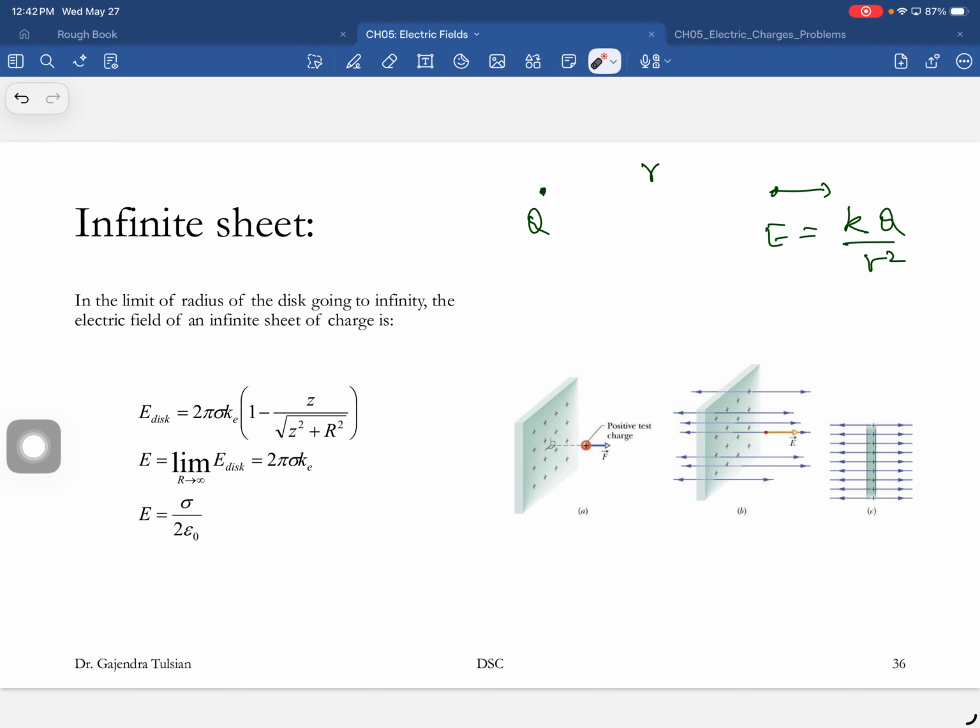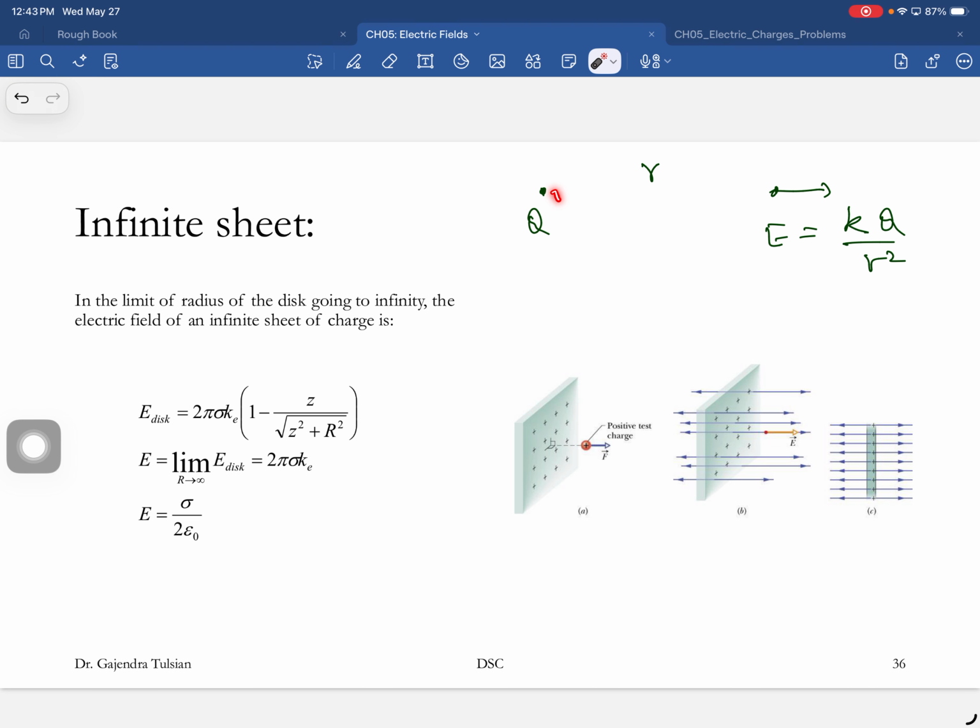Now we'll do the following. Here's a wall. Imagine this is an infinite wall, and you're going to spray it evenly with charges. How many charges are there? An infinite number of charges. And you're going to find the electric field at this point.